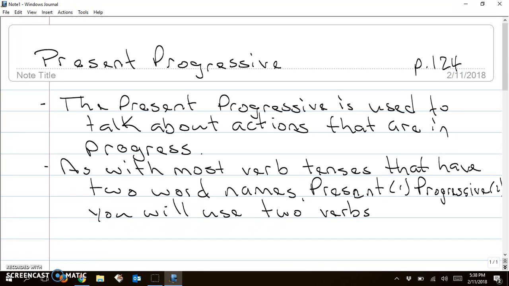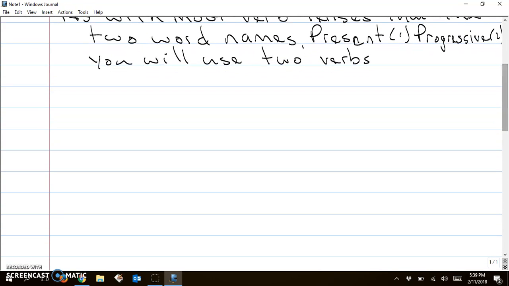Okay? First digit in your code is a 5. So, for the present progressive, we're going to be using two verbs.